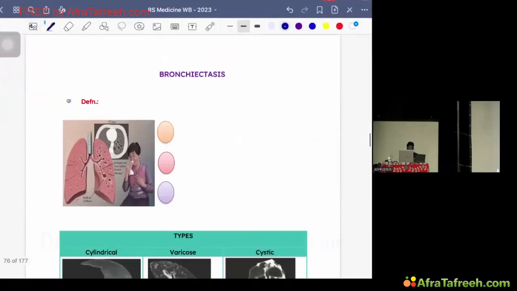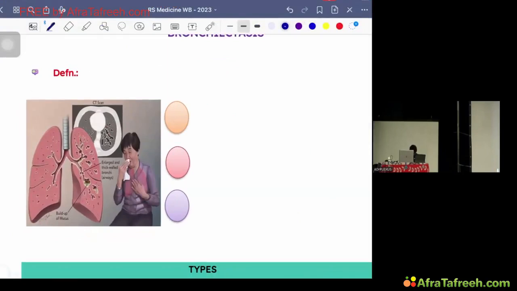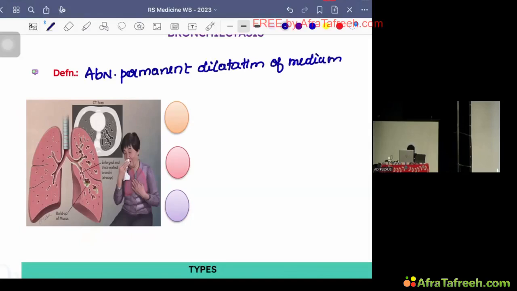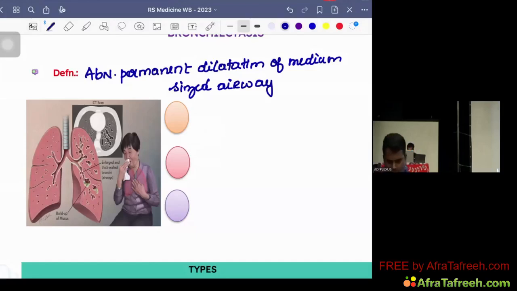What is bronchiectasis? Bronchiectasis is abnormal permanent dilatation of medium sized airways.